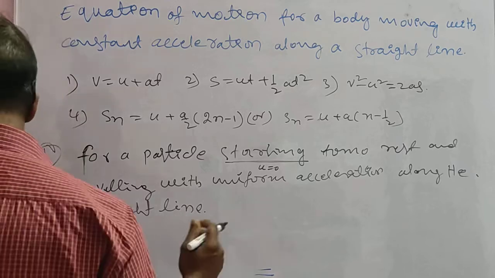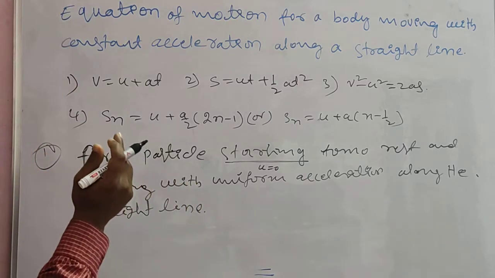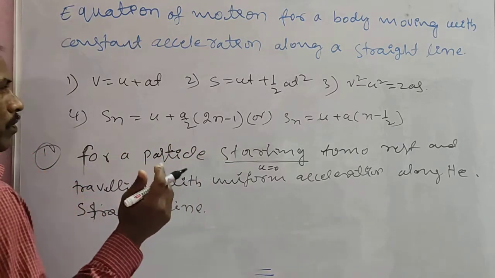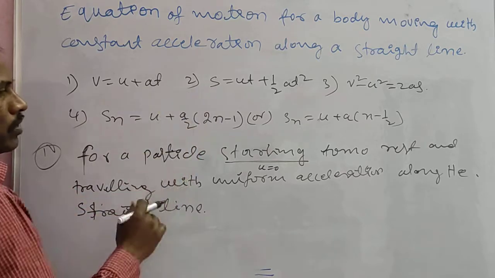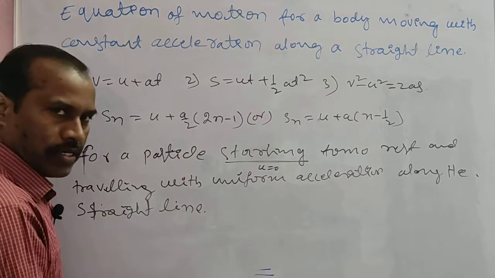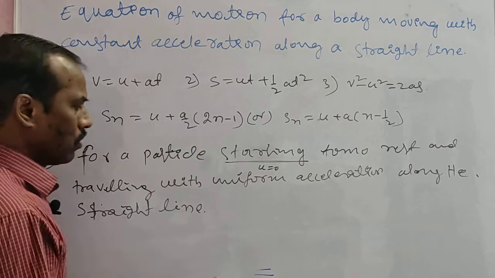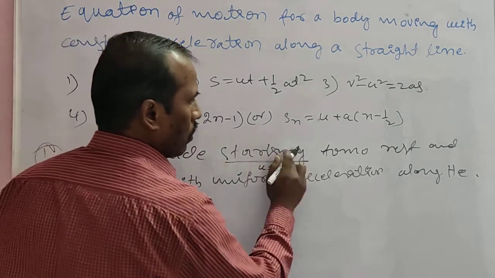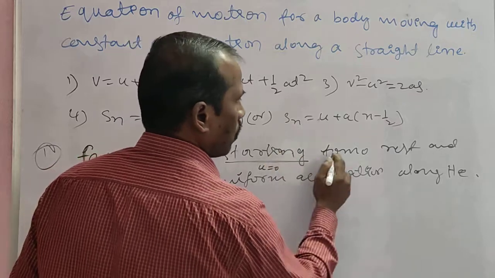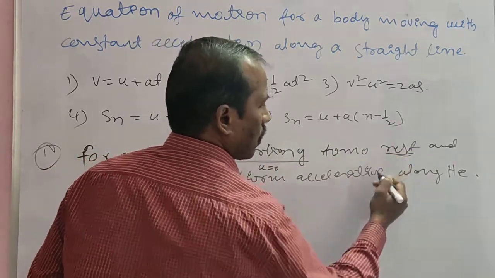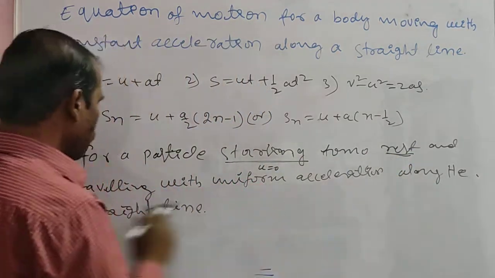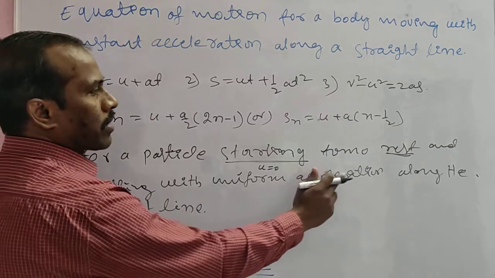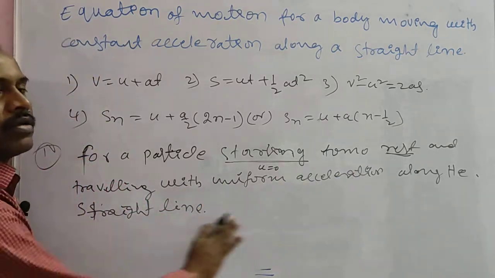Once again, see here: these 4 equations convert into relations between the remaining terms for a particle starting from rest. Rest means the initial velocity is 0, and it travels with uniform acceleration along the straight line.